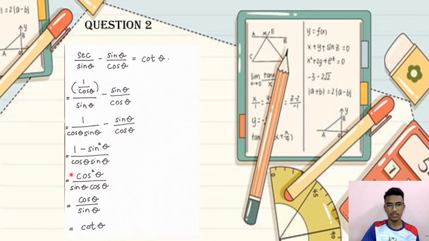So we simplify that to get cos square theta divided by sine theta cos theta. We simplify that again to become cos theta divided by sine theta. And last, the answer we got is cot theta. So the given answer, cot theta, is true.